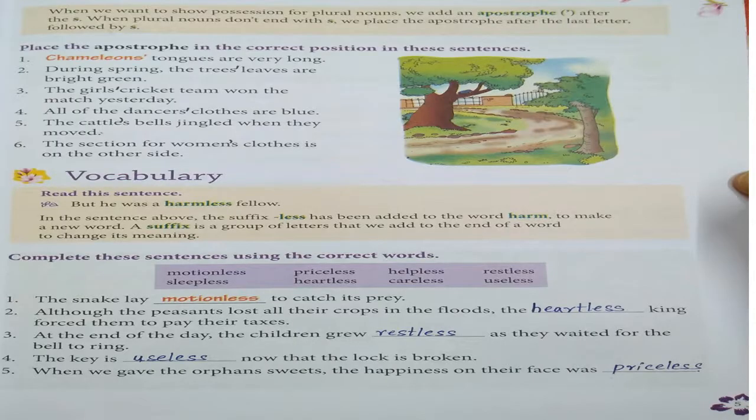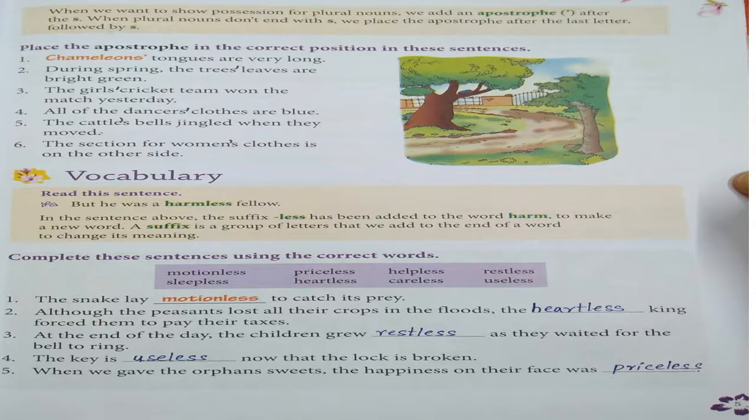Let us start with the exercises, children, which are given on page number 5. The first exercise is to place the apostrophe in the correct position in these sentences. The first one is done as an example. Chameleons' tongues are very long. Chameleons. The word is ending with an S. Because the word is ending with the letter S, the apostrophe is after the letter S, children.